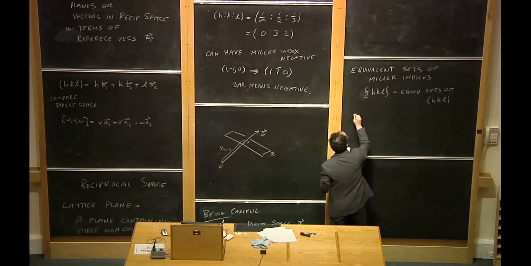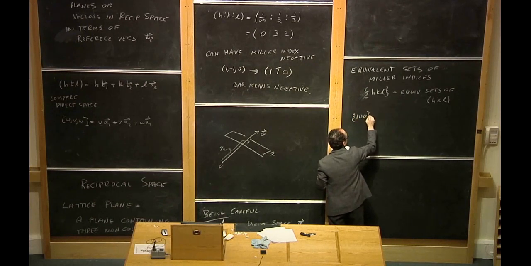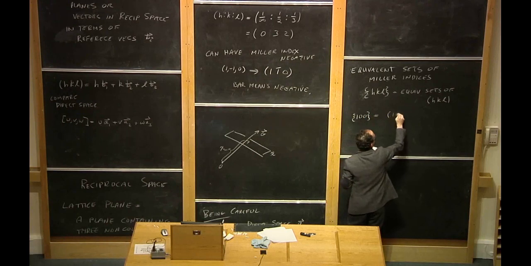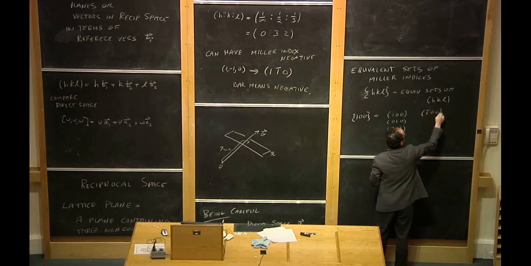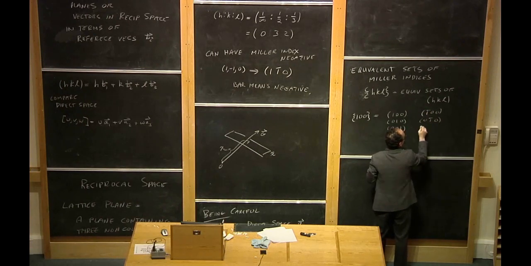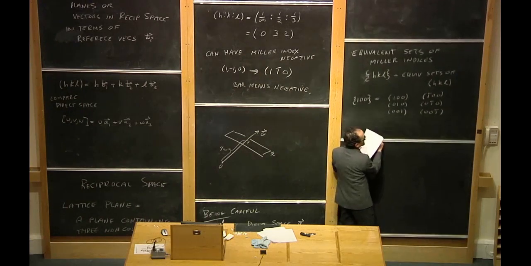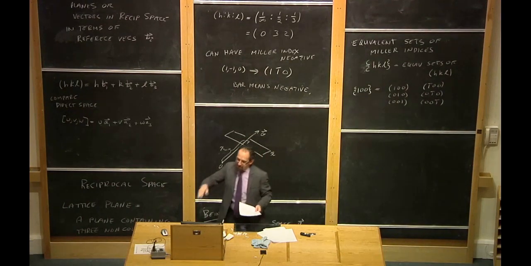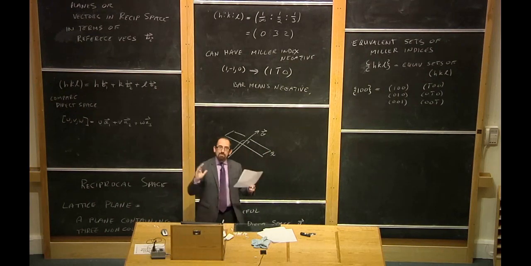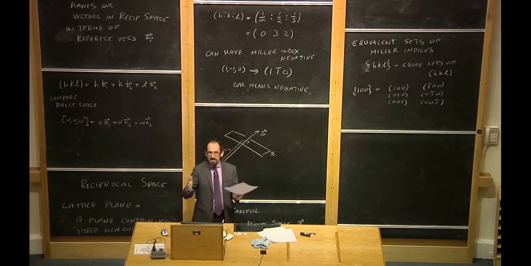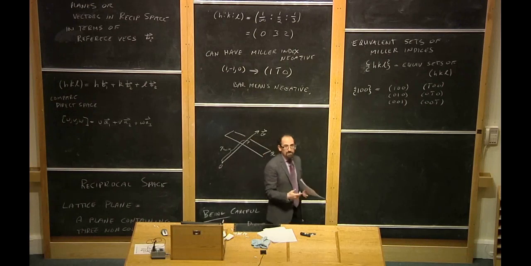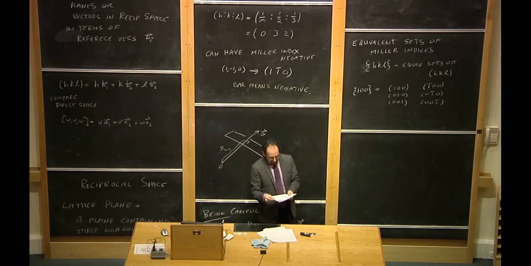So for example, in this picture, curly brackets 1, 0, 0 would mean 1, 0, 0 or 0, 1, 0 or 0, 0, 1 or 1 bar 0, 0 or 0, 1 bar 0 or 0, 0, 1 bar. Unsurprisingly, these planes look like the surface of a cube, and you can pick up the surface of a cube and look at it 6 different ways, and it would look equivalent from all of those 6 different angles.